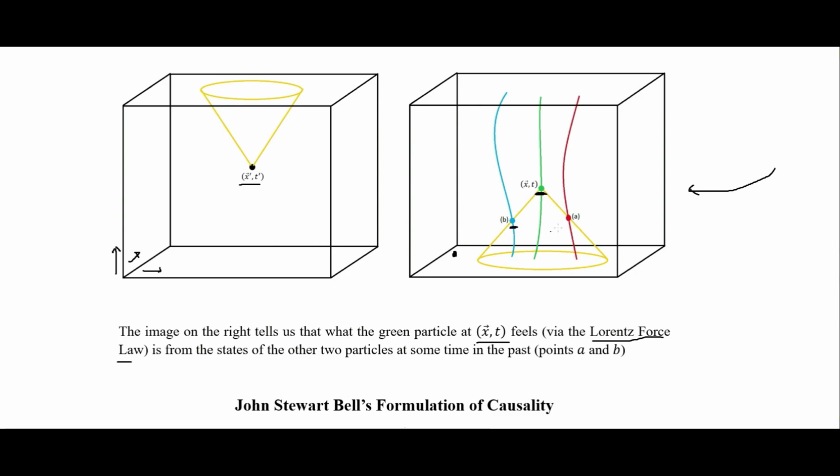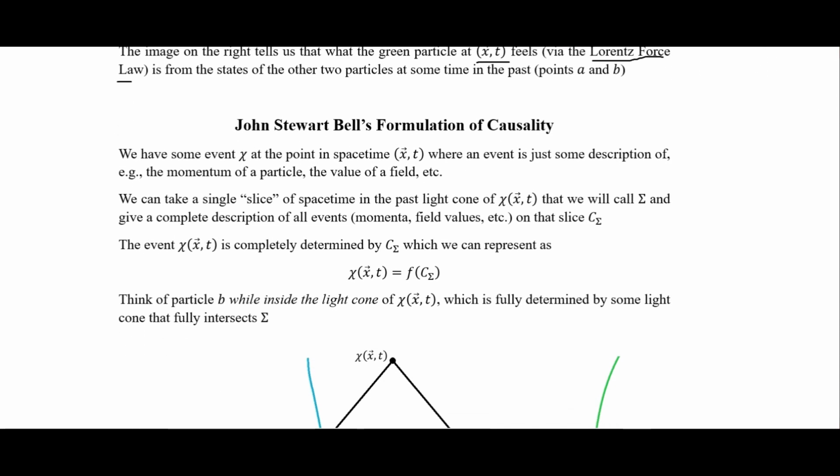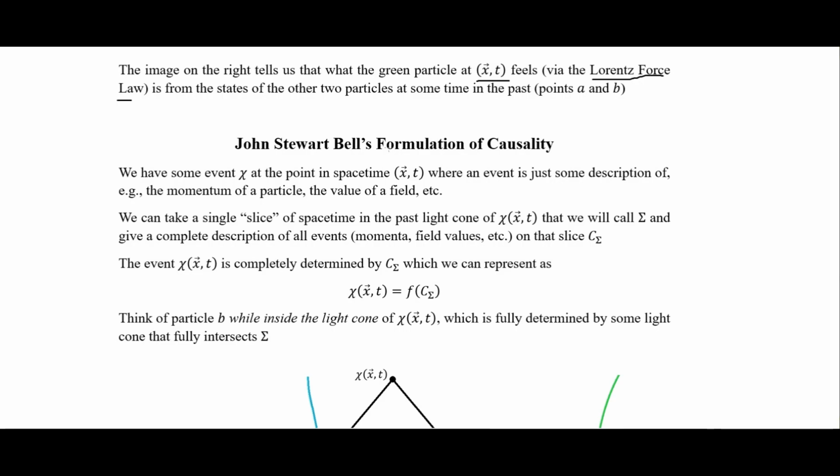If we're saying that this particle at this point is giving off some sort of field that moves at the speed of light. Right, so we can think of causality a little more formally using John Stewart Bell's formulation of causality.